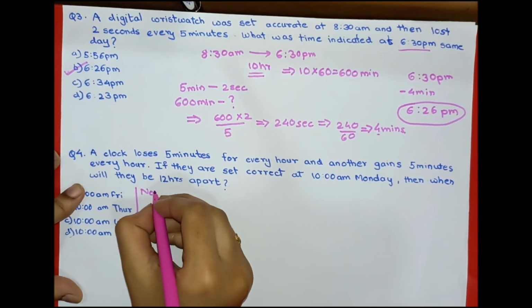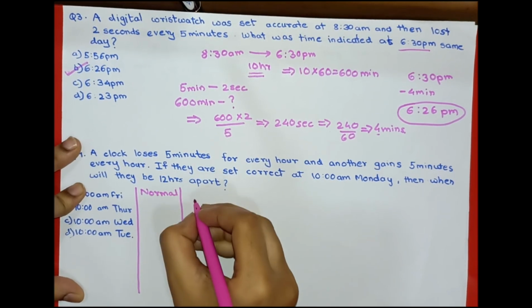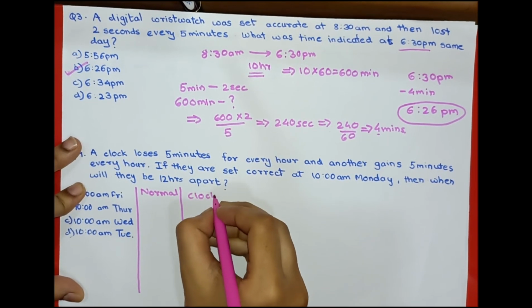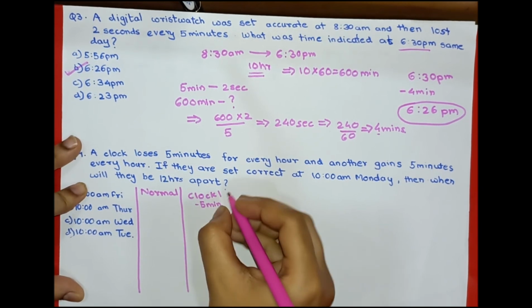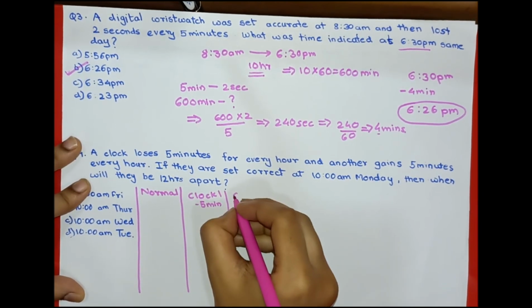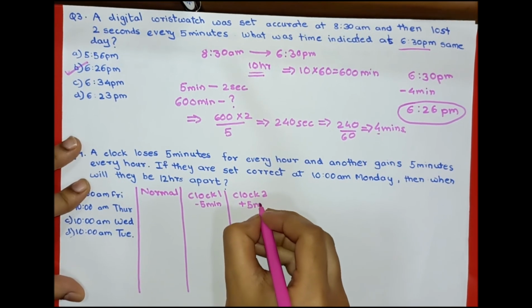Let this be our normal clock. Then the second is clock 1, which is losing 5 minutes. Then we have clock 2, which is gaining 5 minutes.